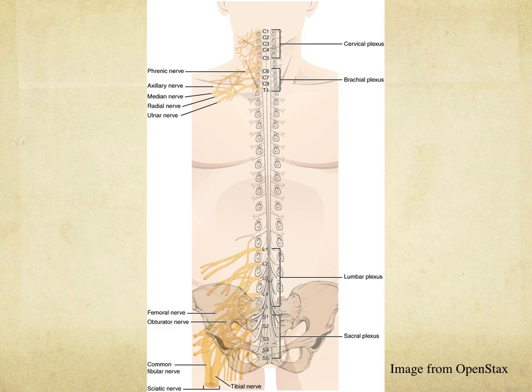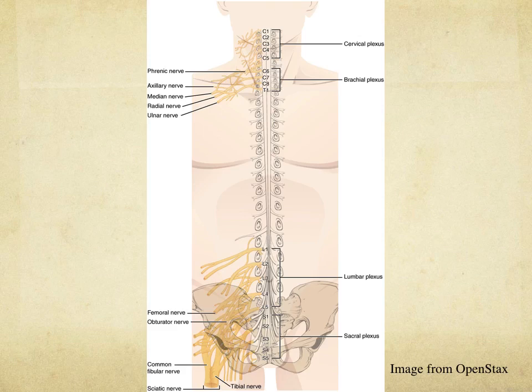So here are the various plexes that we just indicated in terms of the cervical. The cervical and thoracic plexes coming together to form the brachial plexus is going to run from C5 through T1. That will junction together, and we'll walk through the junctions in a couple seconds here, to form all of the peripheral nerves heading out into the upper extremity, such as the axillary nerve, the median nerve, the radial nerve, the ulnar nerve.